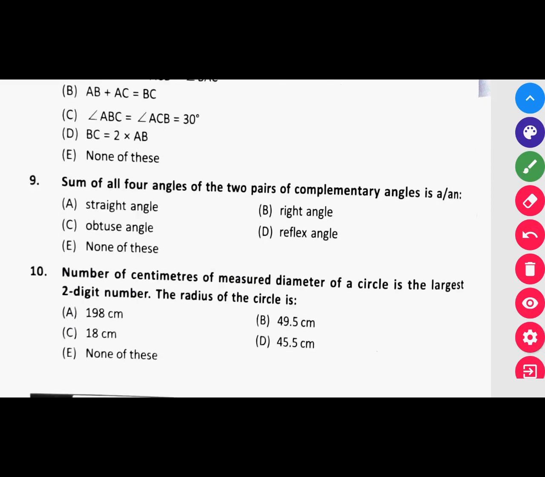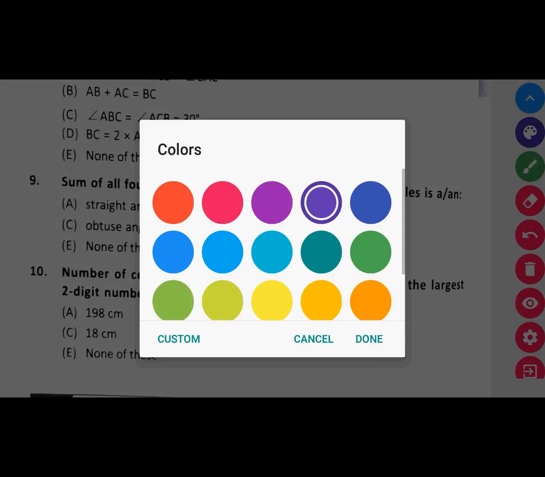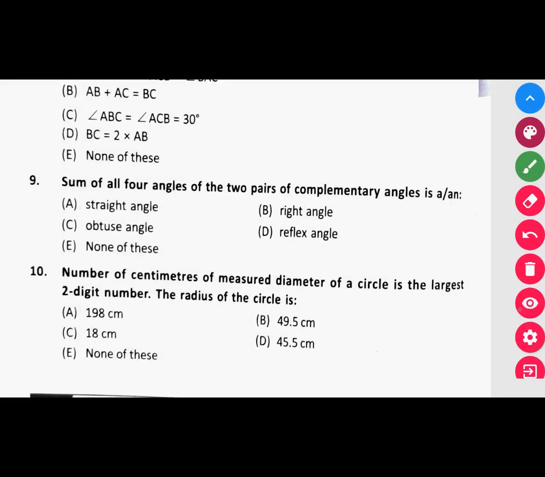The sum of all four angles of the two pairs of complementary angles is an. Now see, what is meant by complementary angles? Two angles, if their sum is 90 degrees, are known as complementary angles. And two such pairs are there.